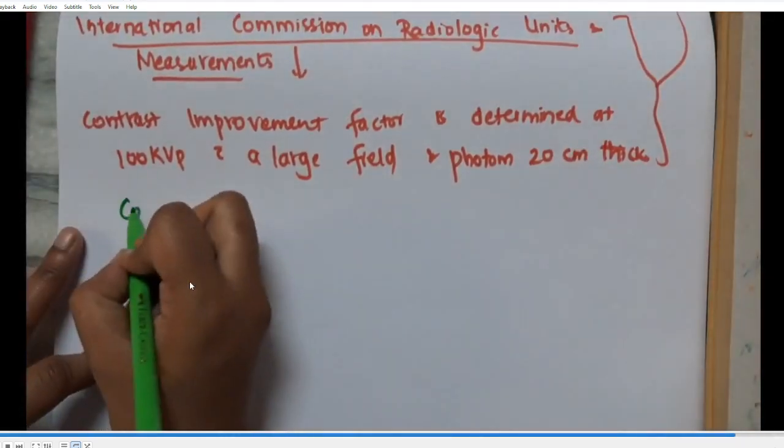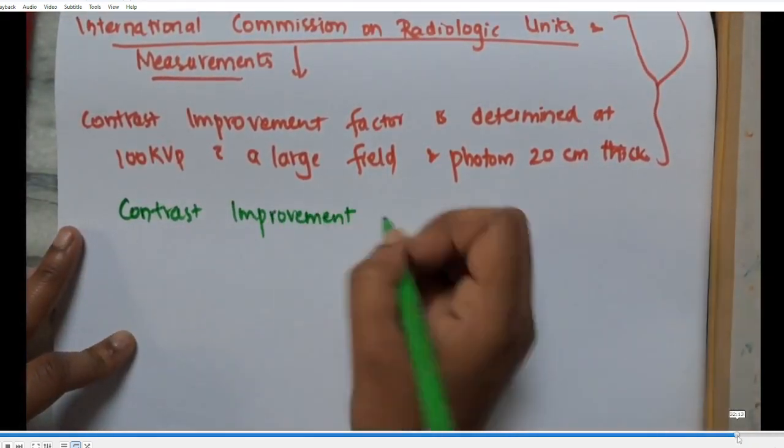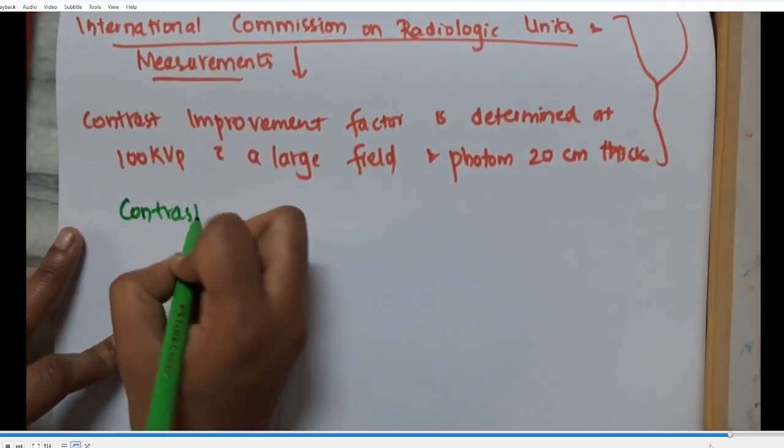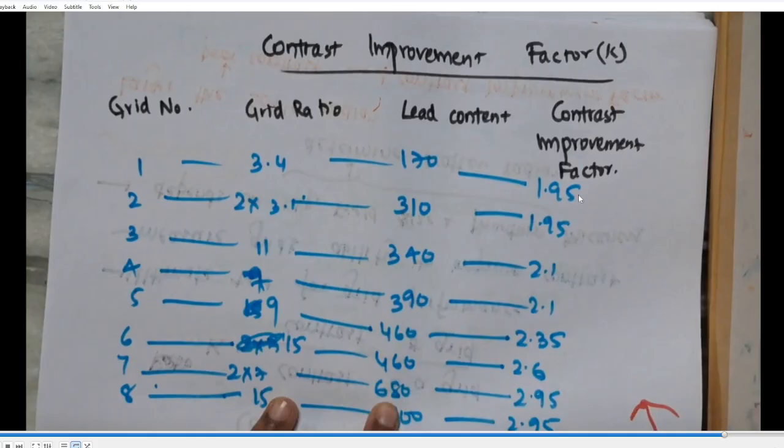If we observe this carefully, we can see that the contrast improvement factor and the lead content are related, because as the grid number increases, the lead content also increases and the contrast improvement factor also increases.